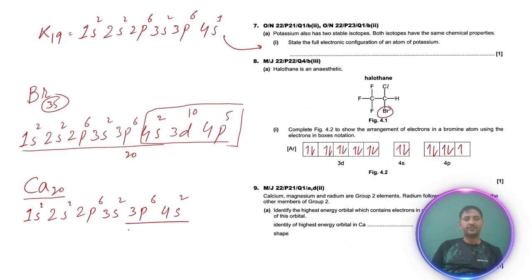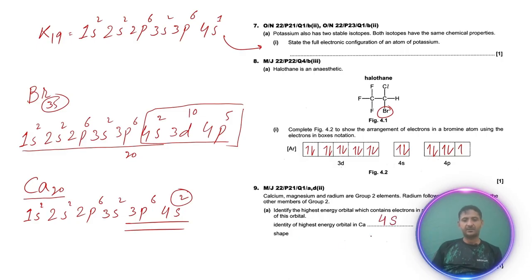As you people know, 4s is lower in energy than 3d, so which one is the highest energy? It is 4s. The identity of the highest energy orbital in calcium: 20, 6, 12, 14, 15, 16, 17, 18, 19, 20. Yes, I need to fill this for 4s. So it is 4s, highest energy.